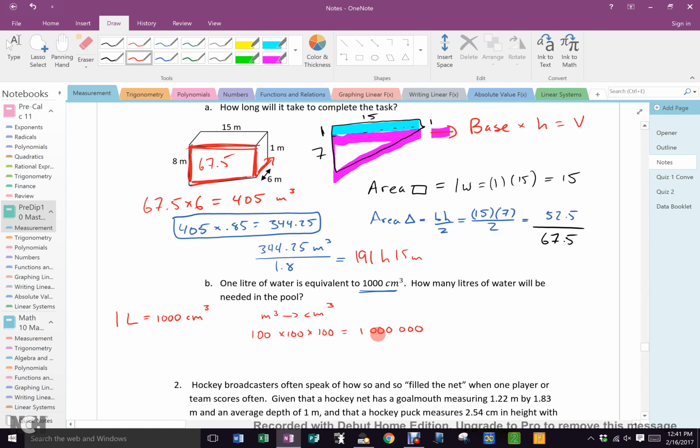So now we know that 1 meter cubed equals 1,000,000 centimeters cubed. So what do I have to do to these meters to get them to centimeters? Meters to centimeters is times.